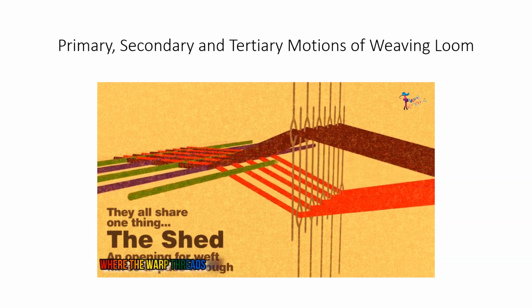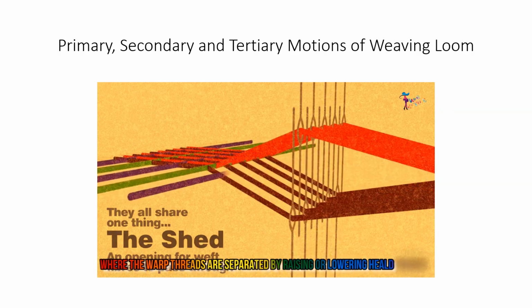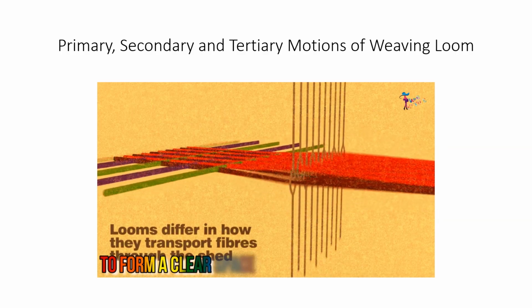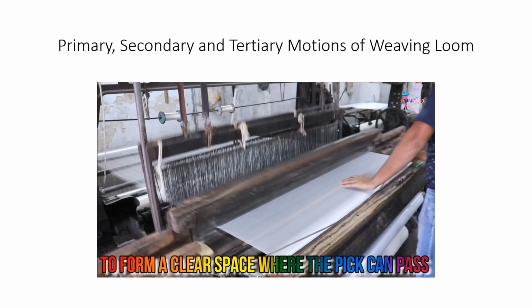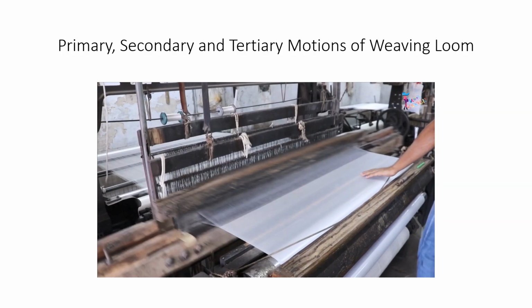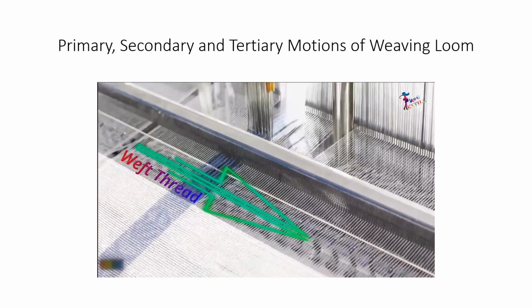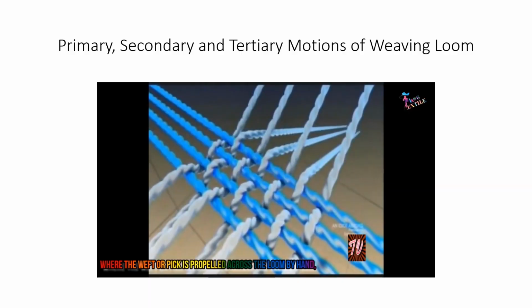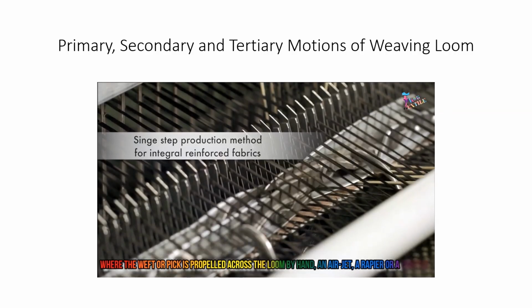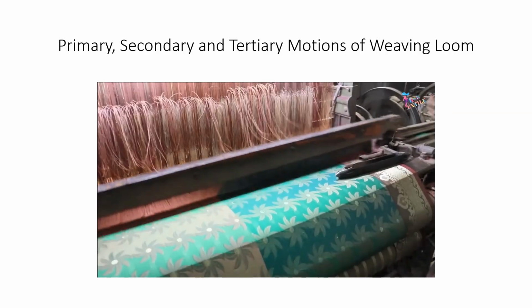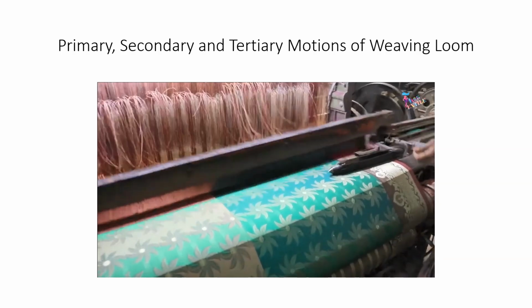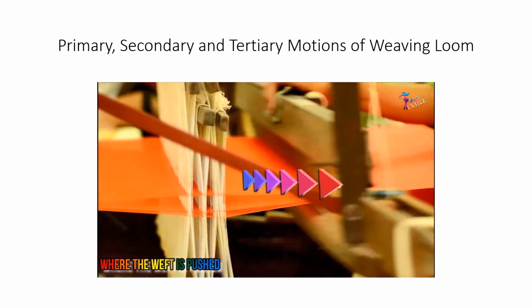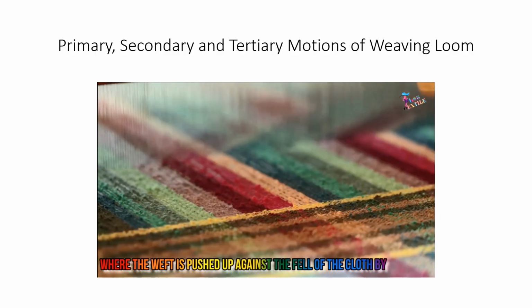Shedding is where the warp threads are separated by raising or lowering heddle frames to form a clear space where the pick can pass. Picking is where the weft or pick is propelled across the loom by hand, an air jet, a rapier, or a shuttle. Beating up or battening is where the weft is pushed up against the fell of the cloth by the reed.